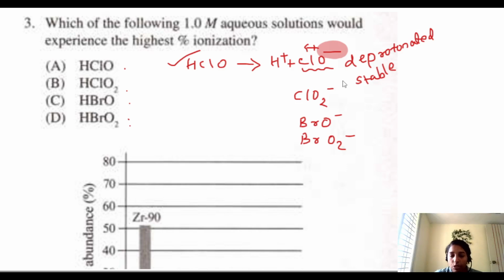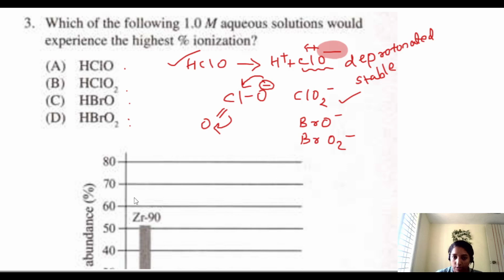If so, ClO minus or ClO2 minus, which is more stable? Yes, ClO2 minus. Why? Because it's not only Cl dragging; oxygen can also drag. Oxygen is also electronegative, so they are dragging more.